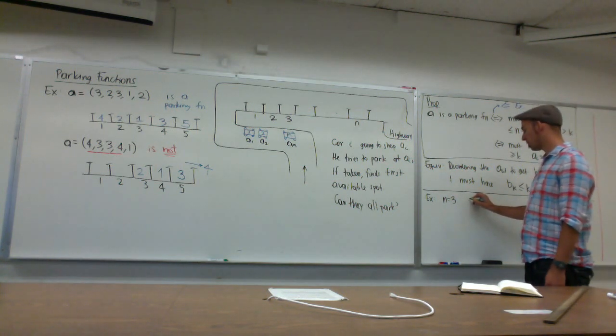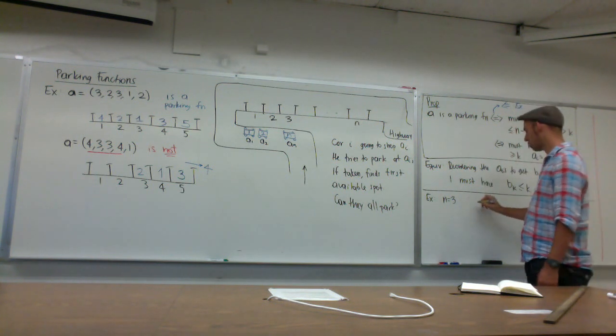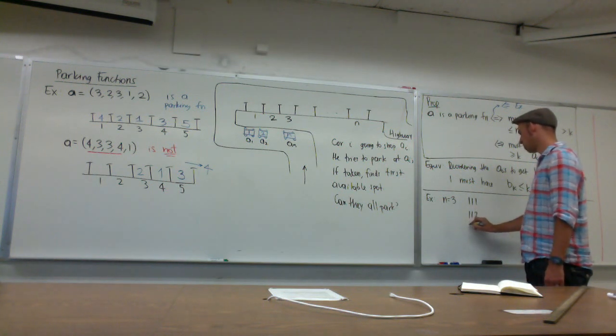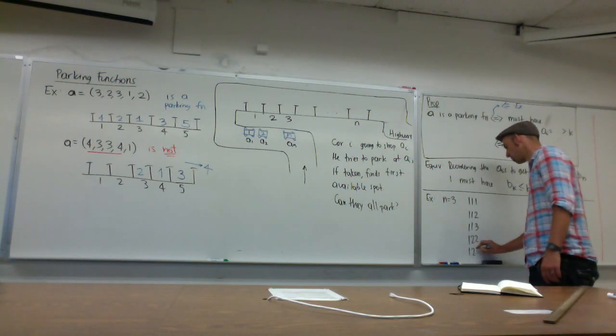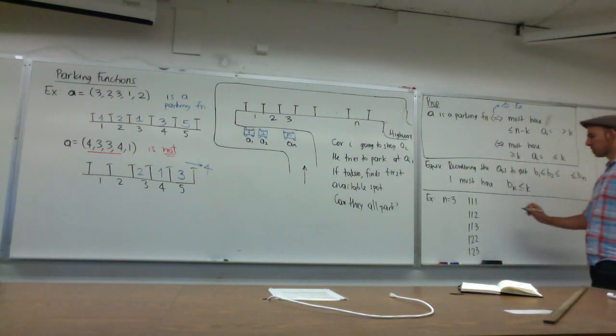And so the numbers in increasing order have to be less than or equal to 1, 2, and 3, which means they could be 1, 1, 1, 1, 1, 2, 1, 1, 3, 1, 2, 2, or 1, 2, 3 in increasing order. Okay? And then I get the reorderings of this.